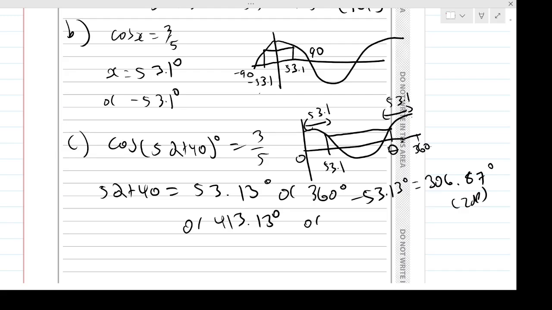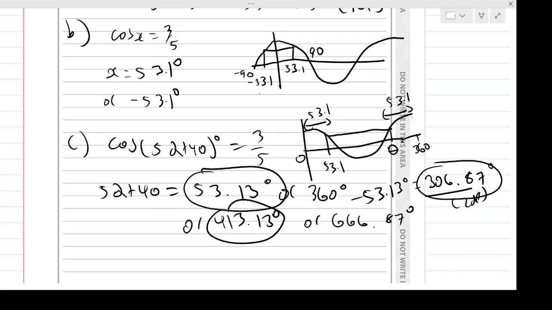Then we add on 360 to the next solution, 306.87, and we get 666.87. So I suspect this is going to be alpha 1, this alpha 2, alpha 3, and then this is alpha 4. This is the important one, alpha 4.